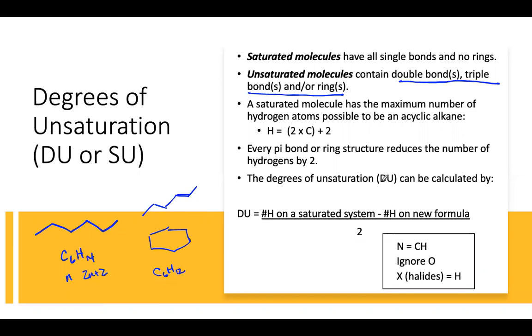So what we're going to do is go backwards, given a molecular formula. Can I tell if there are any double bonds or rings in the structure? The formula is the number of hydrogens that you would expect.